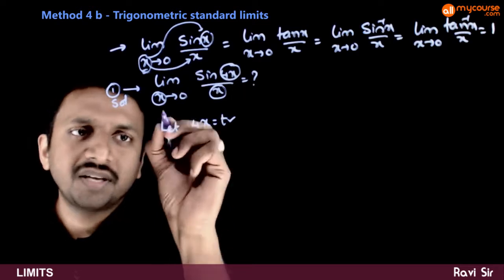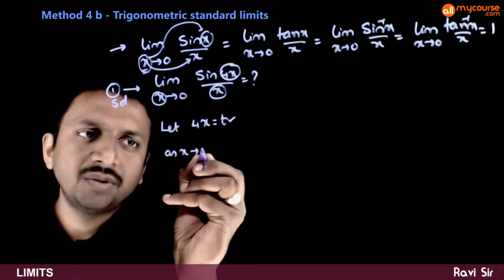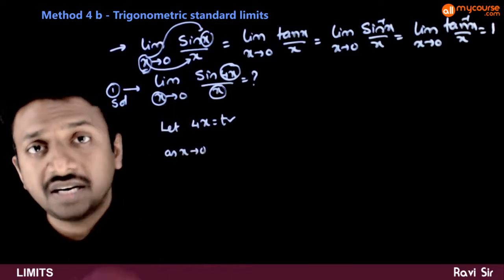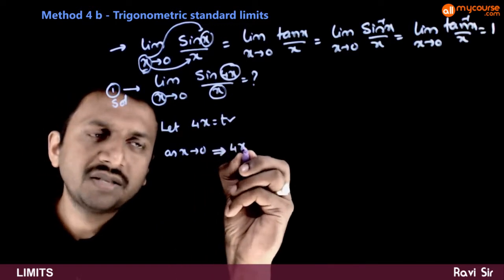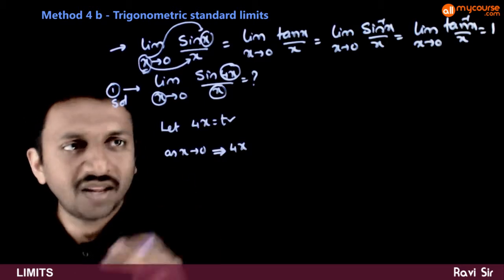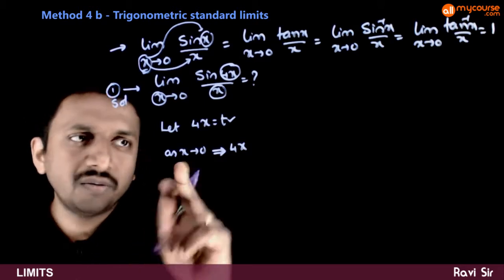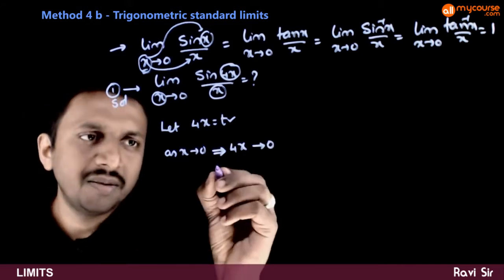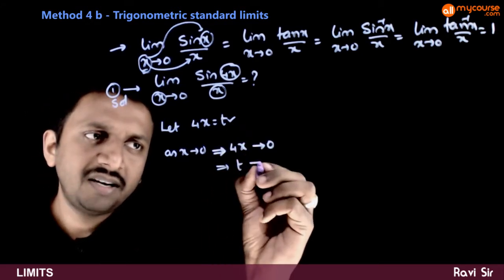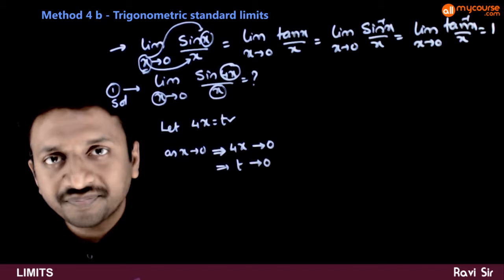As x tends to 0, according to the question, x is tending to 0. So as x goes very close to 0, where does 4 times x go? If x is very close to 0, 4x is also close to 0, right? This implies t tends to 0 again.